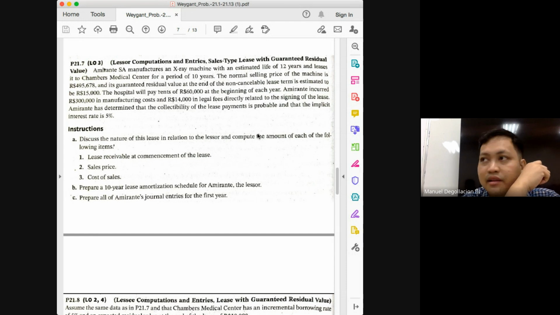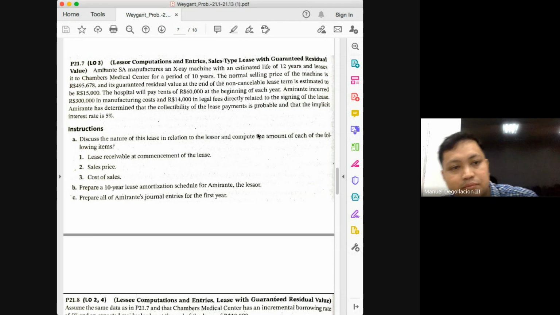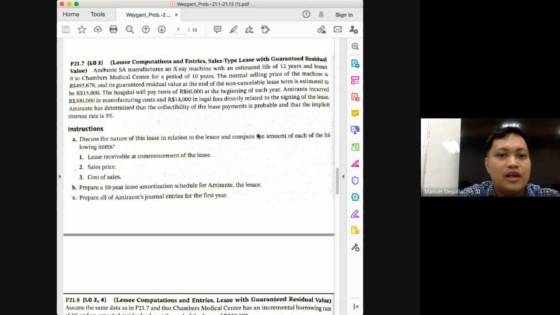And again, what are the criteria for classifying a lease as a finance lease? Number 1, transfer of ownership. Number 2, bargain purchase option. Number 3, major part: the lease term is for a major part of the remaining economic useful life of the asset. Number 4, the present value of your minimum lease payments exceeds substantially all of the fair value of the leased asset.